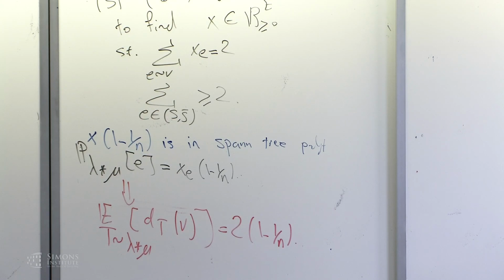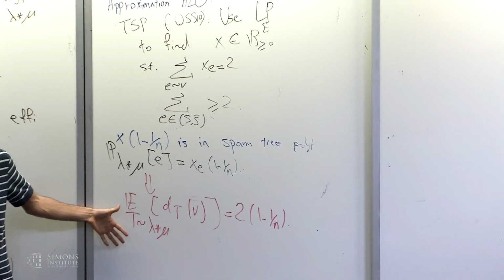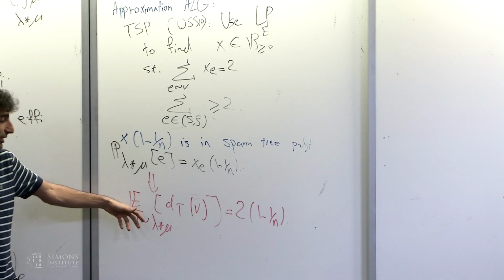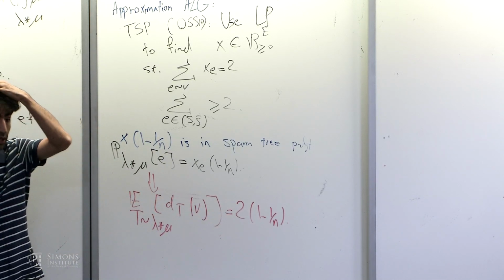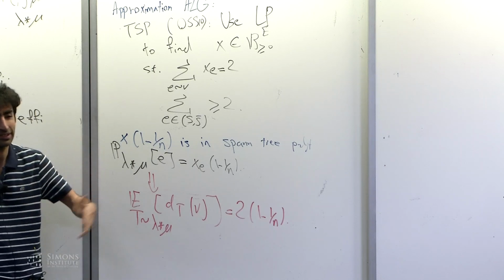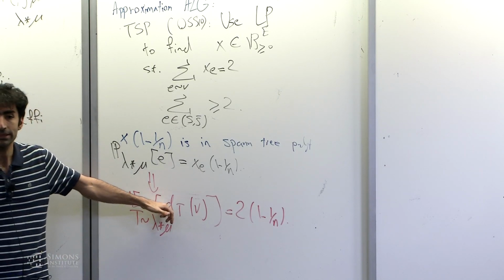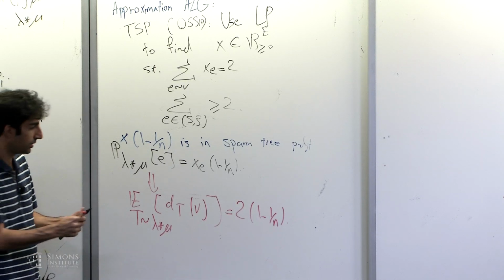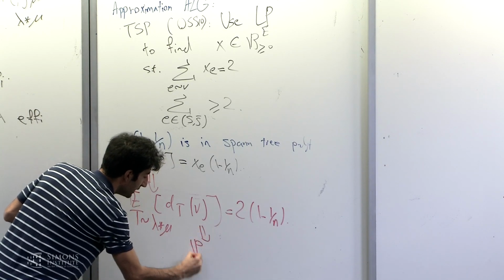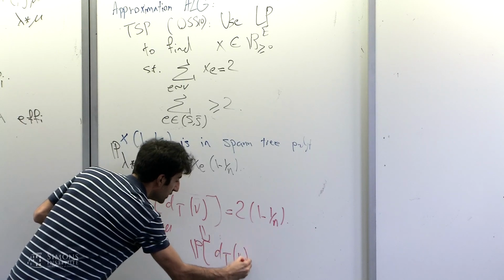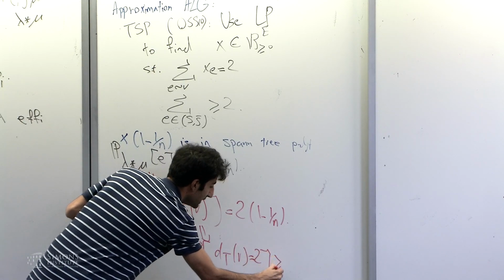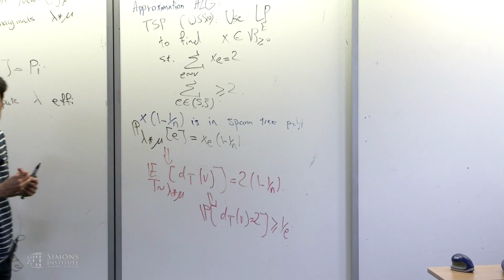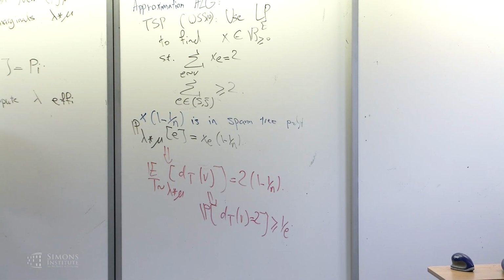Now you can use all these nice properties of strong Rayleigh distributions to say that not only does this vertex have expected degree 2, but because the distribution is unimodal or concave and so on, with a constant probability the degree of this vertex will be 2. So the probability that the degree of v is equal to 2 is at least 1 over e. For every vertex, this is true.